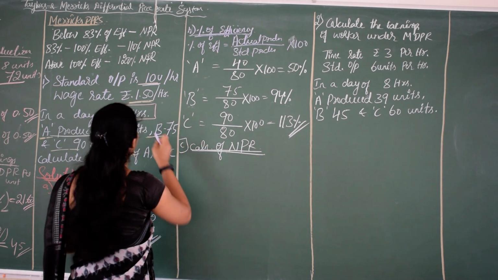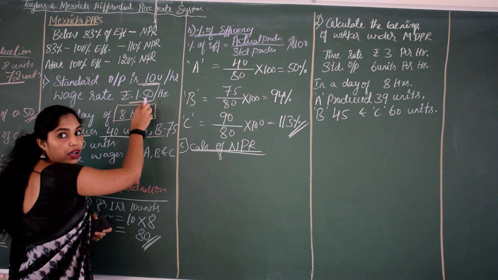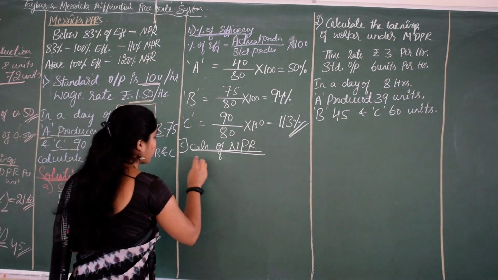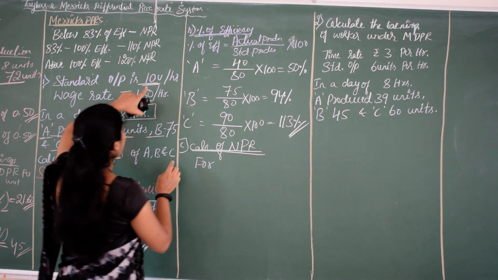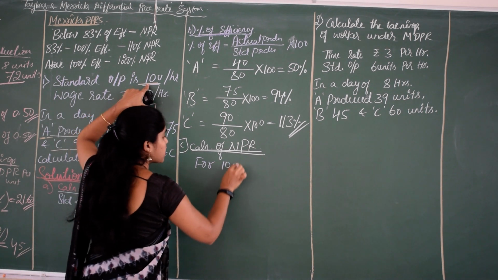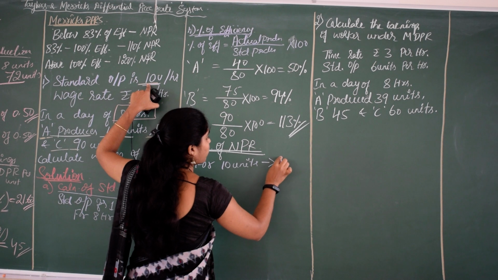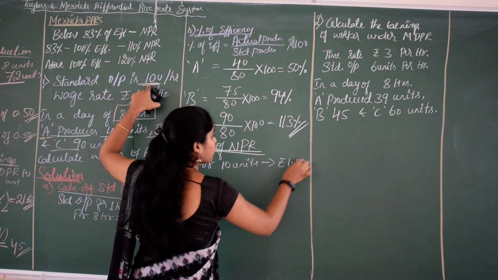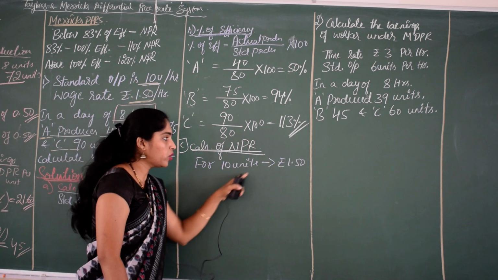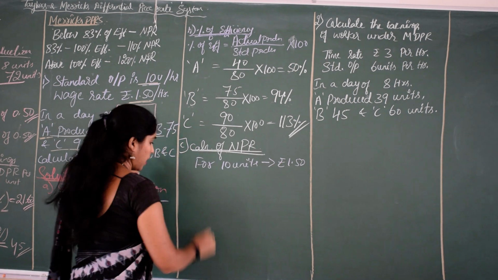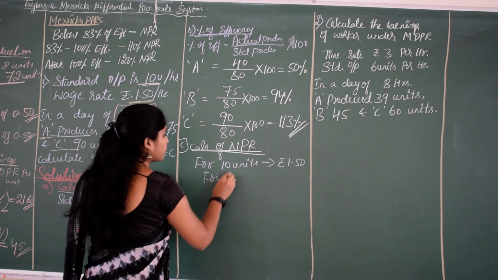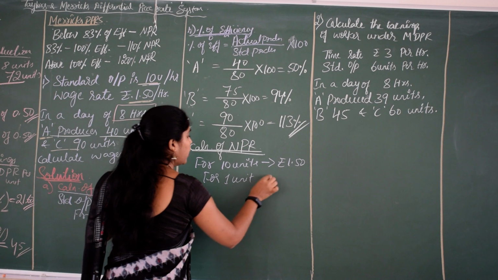So, how do you calculate? See, for 1 hour 1 rupee 50 paise. Okay. So, I will take this for 10 units. For 10 units, the piece rate is 1.50 paise. For 1 unit, how much?